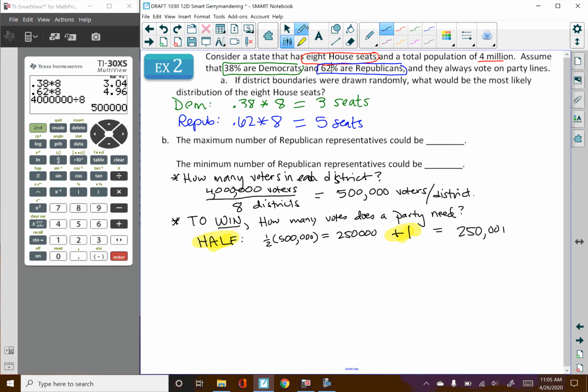Okay, so now we're ready to figure out the maximum number of districts. So thinking about Republicans first. For the Republicans, we have 62% of our population that identifies as Republican. So to figure out how many Republicans there are, we take that 62% and multiply it by our 4 million people.